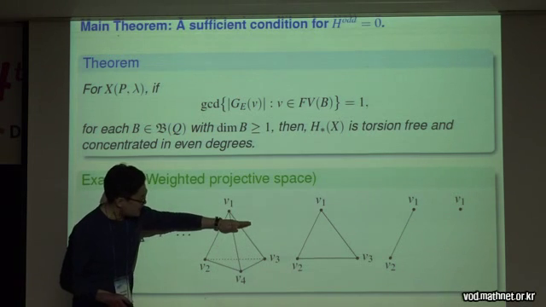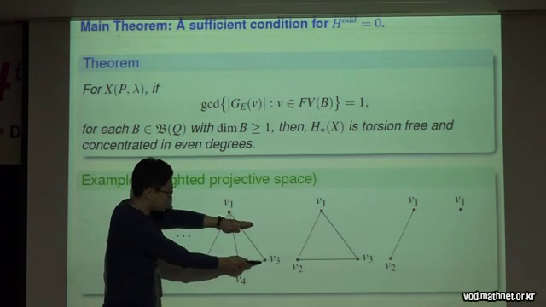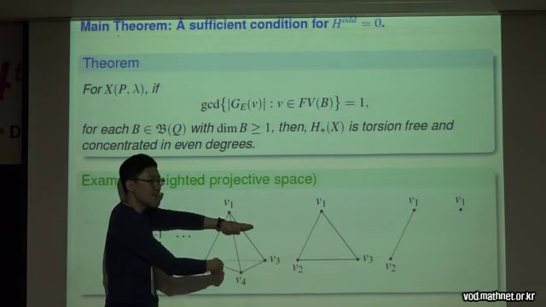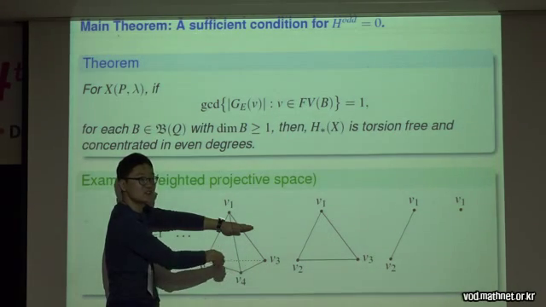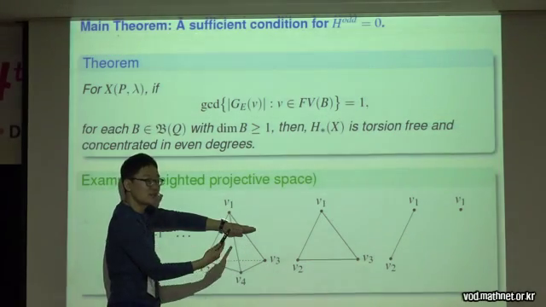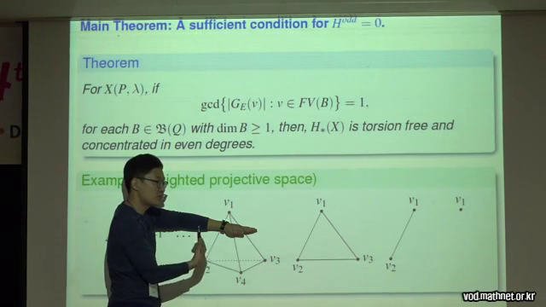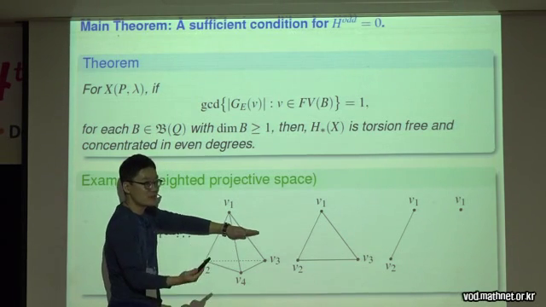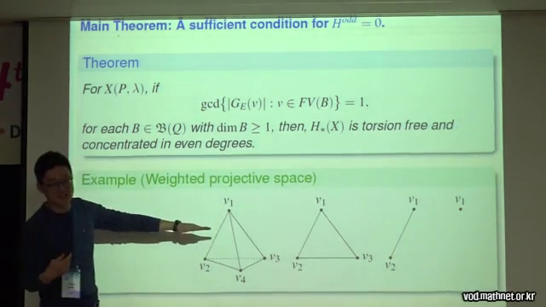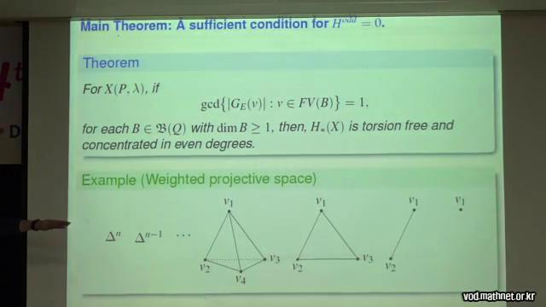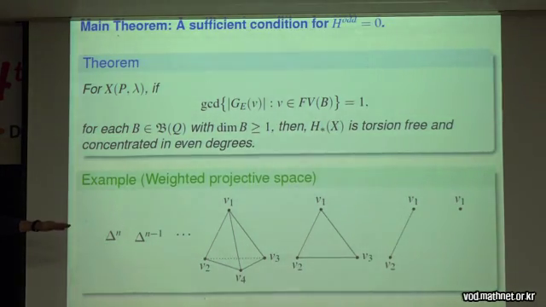If you cut this one, then 2, 4, 6 have GCD 2, but the weighted projective space with weight 2, 4, 6 is homeomorphic to the one with weight 1, 2, 3, so you can always make the GCD equal to 1.